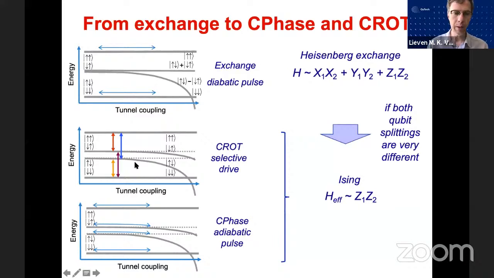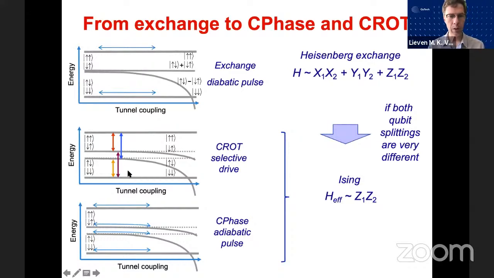And you can use that interaction in two ways. You can use that shift in order to selectively drive this transition or that transition. These are not identical anymore. If the coupling is off, this transition is identical to that one. The qubit energy of the first qubit does not depend on the state of the second qubit.